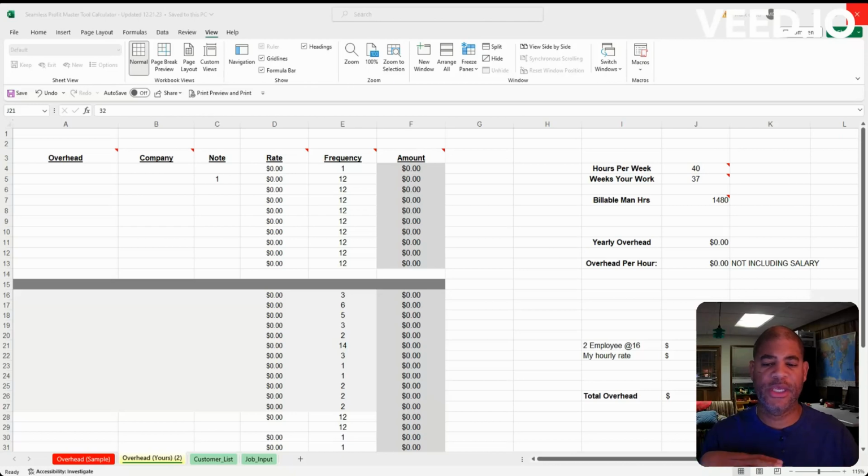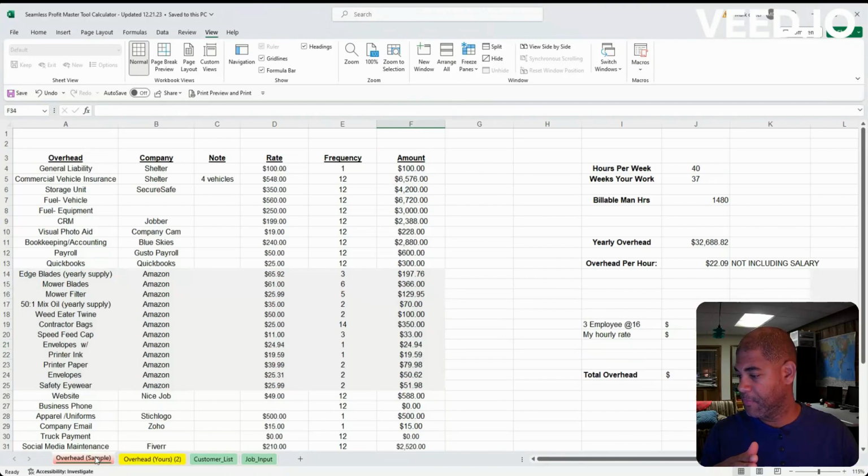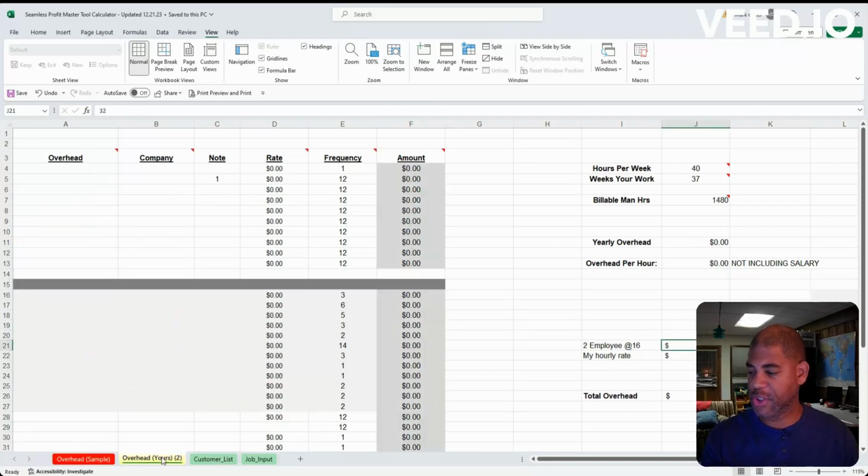So let's take a look at this. What you're going to do over here, on the far left side, this is a sample, and we're going to create this. We're going to start here. What you're going to have is your actual overhead for what you spend.